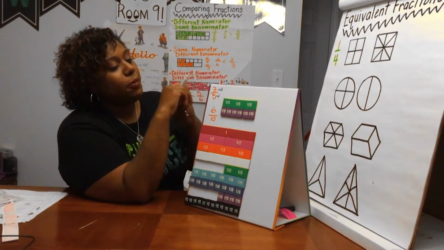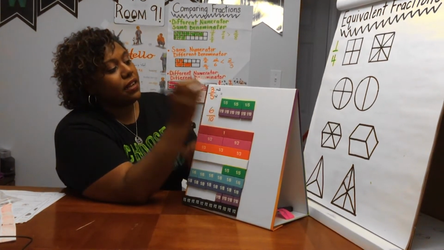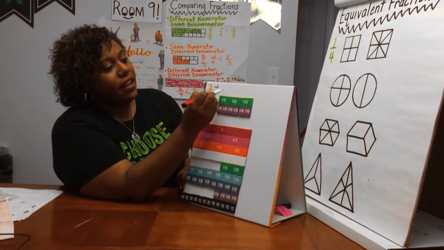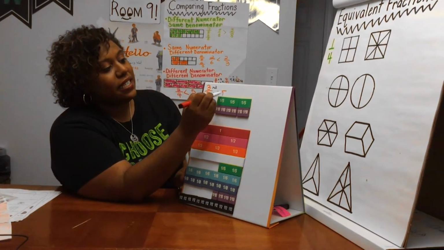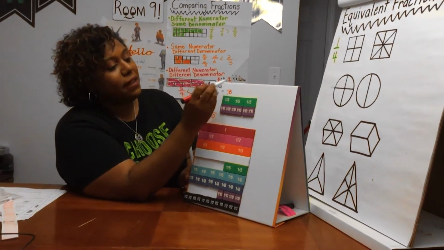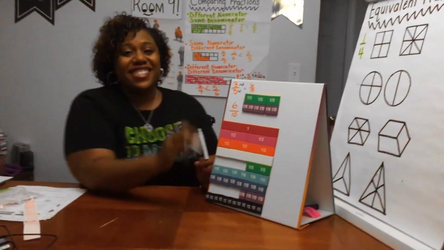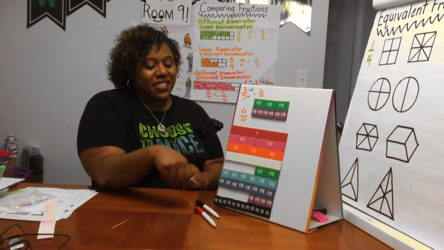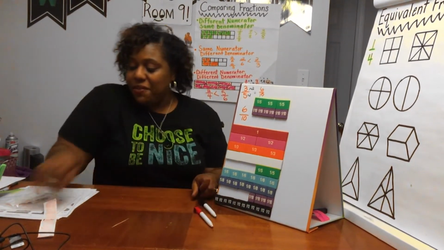So we would end up with 5 times 2 is 10. 3 times 2 is 6. Alrighty, so we're proving ourselves right here. Are you ready for another one?